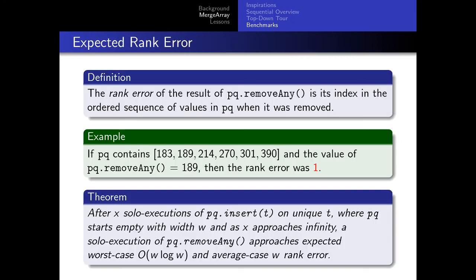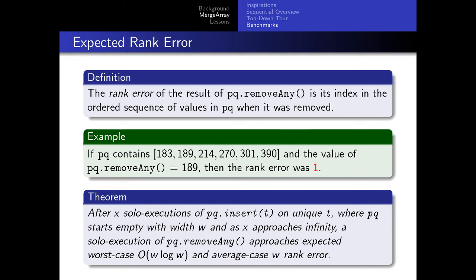One thing, because this is a relaxed data structure, you want to know how bad the relaxation is. If you have a sorted list, you can say that the rank error of a removed value is where it would be in that sorted list.